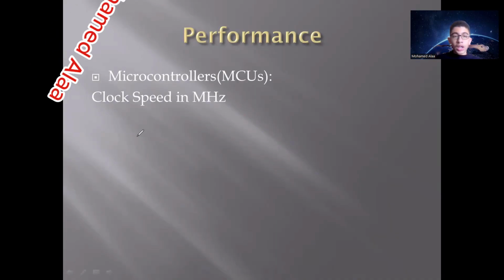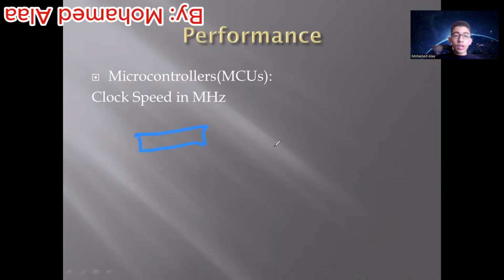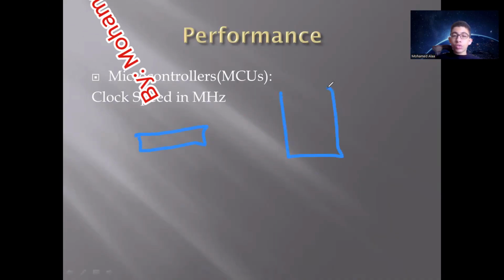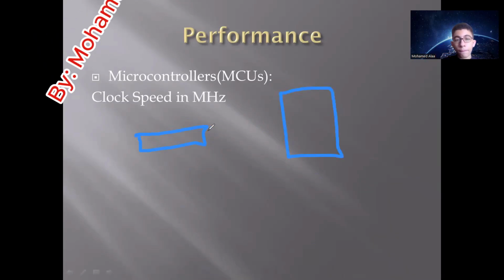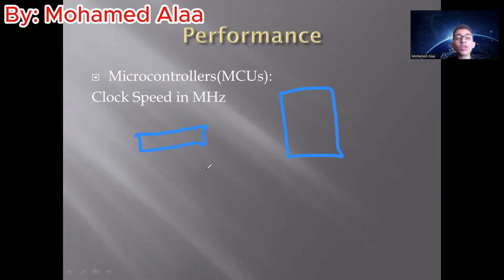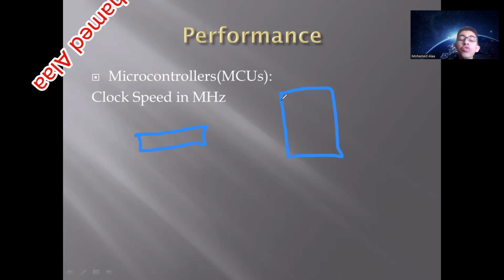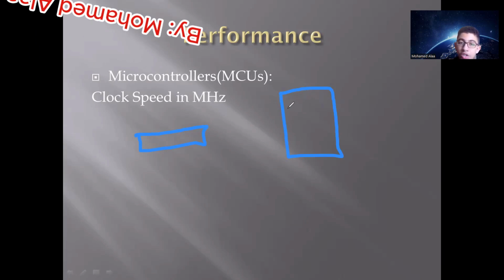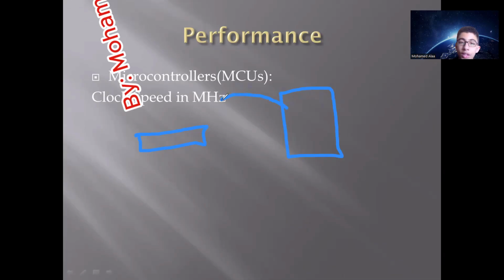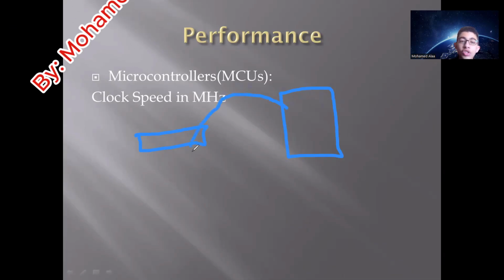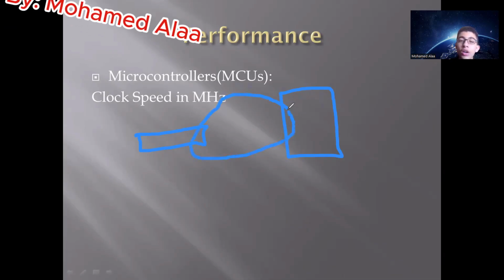so I have some data and I want to send it to this device. The clock speed here represents how fast the device could check for that data. Like, it checked once, then it cut off this part.